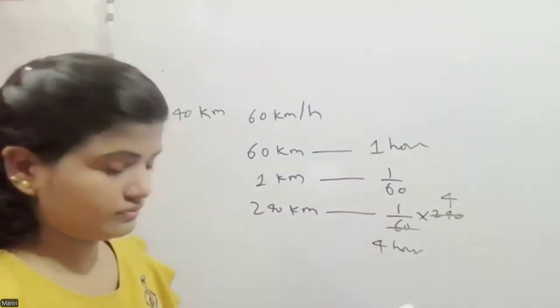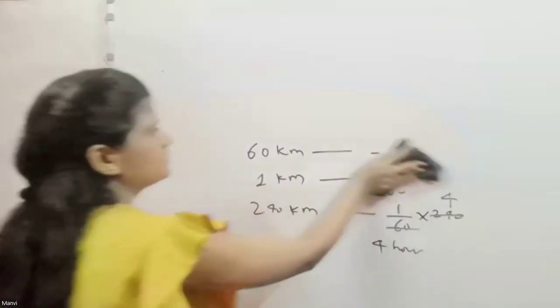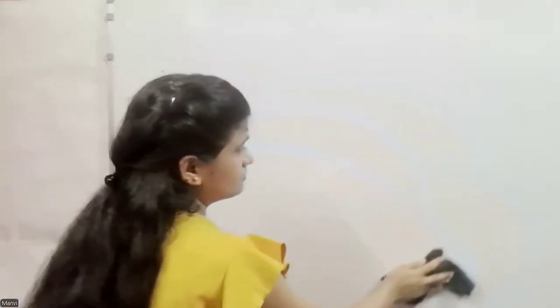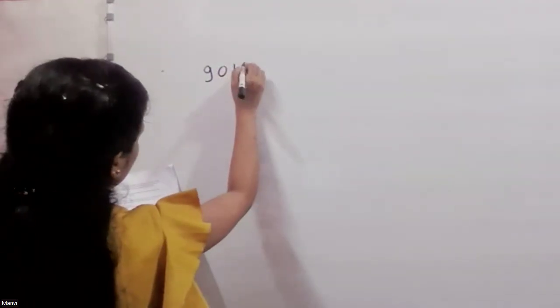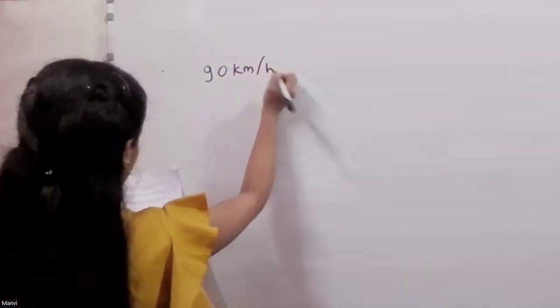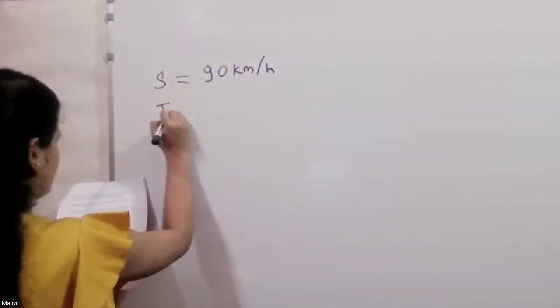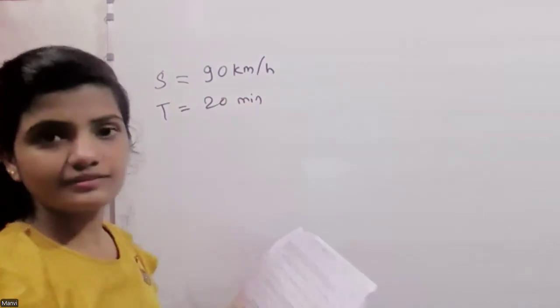Is it 3,600? No, 3,600 kilometers. Oh, I mean 36 kilometers. No. First, you can see that the speed is given in kilometer per hour and the time is 20 minutes, right?